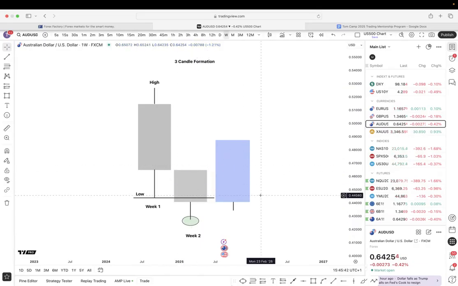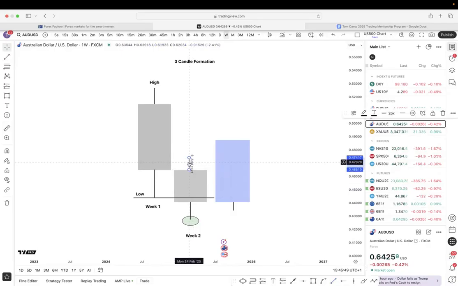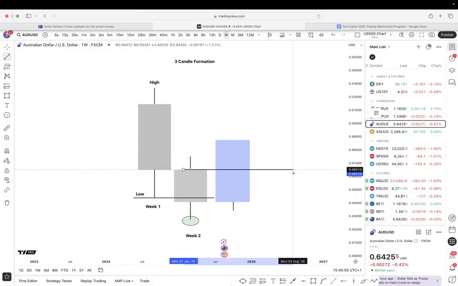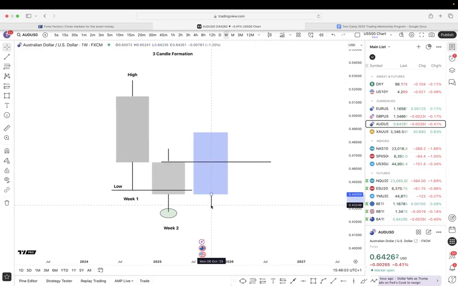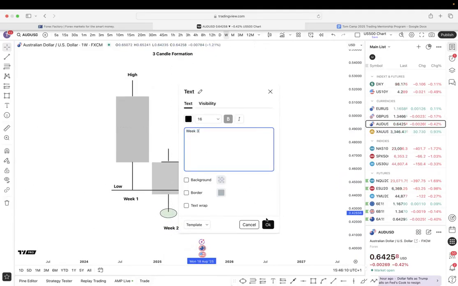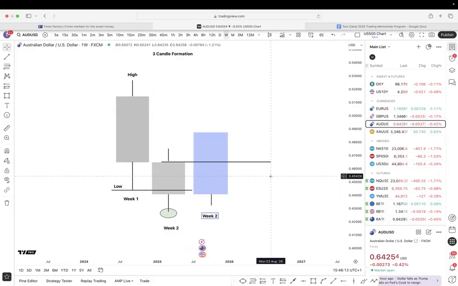If this happens and this particular candle engulfs the overall high, or the overall opening in fact, of the previous candle, I would anticipate that the next candle, as in week 4, because now we're talking about week 3, would be bullish.